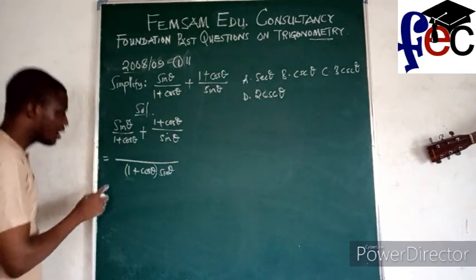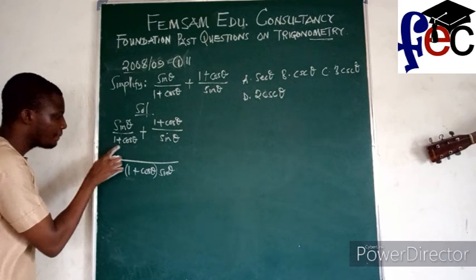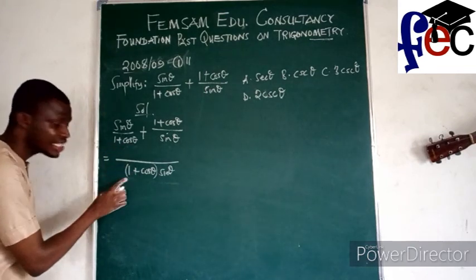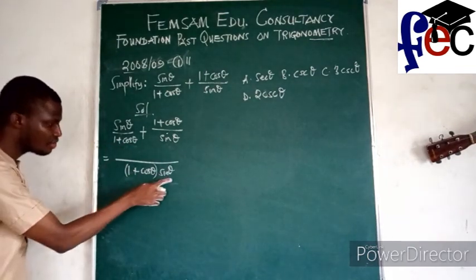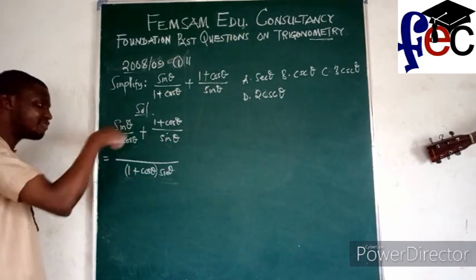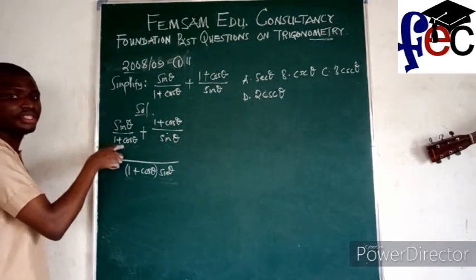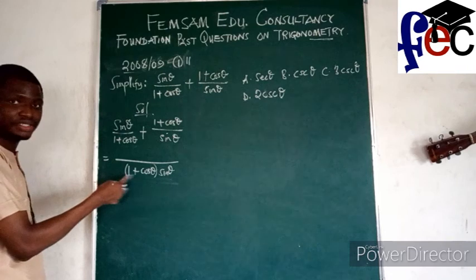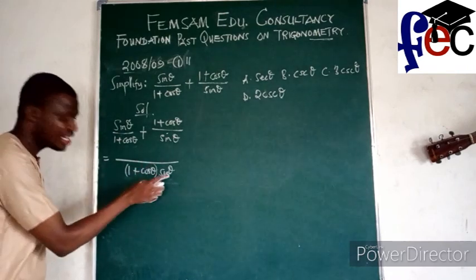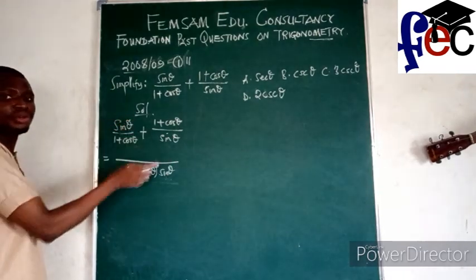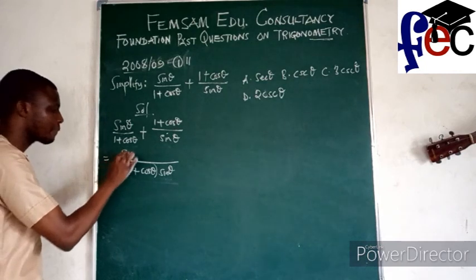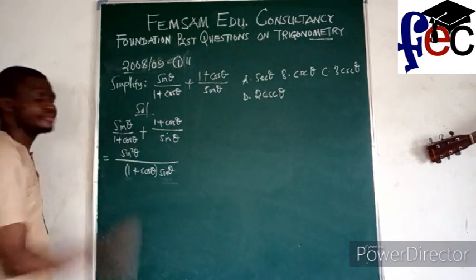Now, how many of 1 plus cos theta can you find in this expression? It's like saying the whole of this LCM divided by 1 plus cos theta. So this will terminate this, and we'll be left with sine theta. That sine theta multiplied by the numerator will give us sine square theta.